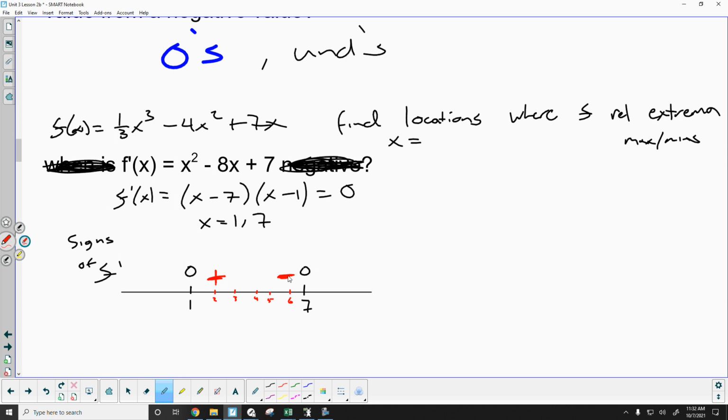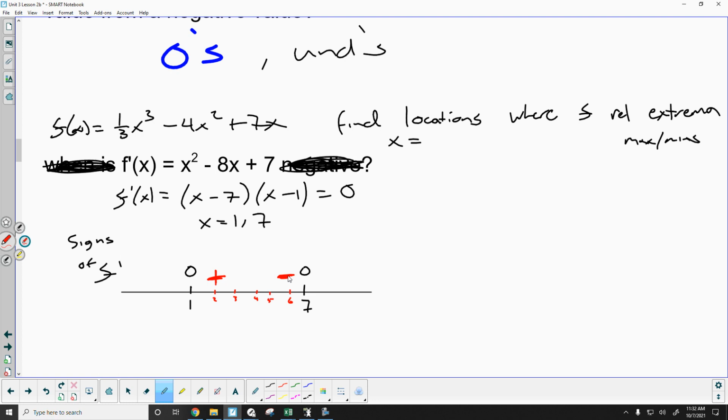Wait, actually no, that can't be true. I know for a fact that can't be true. I can't have a positive value at 2 and a negative value at 6. Think about that. Why can't I change signs in between 1 and 7? Why do the signs have to be consistent?